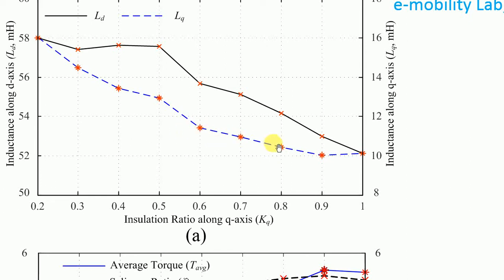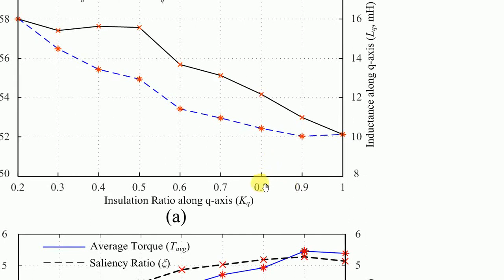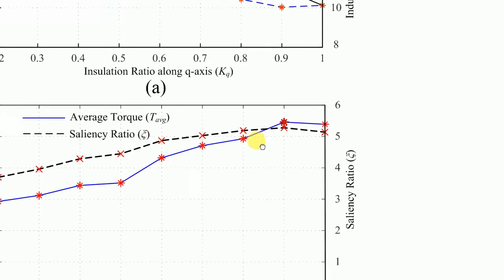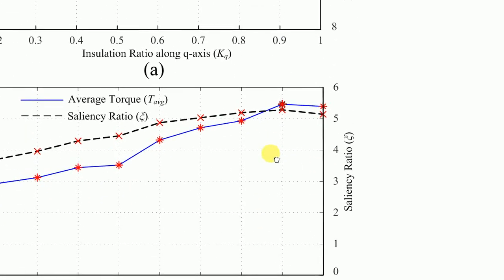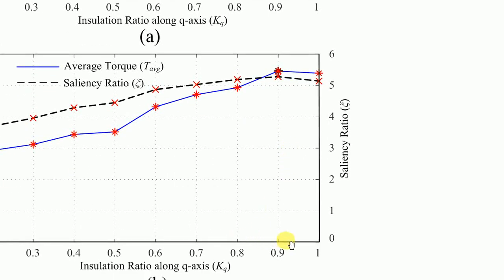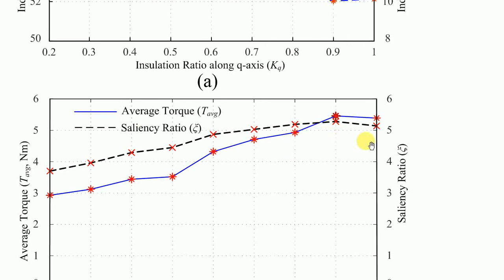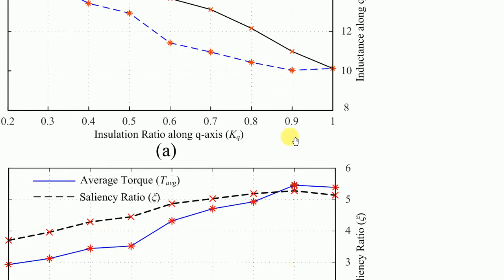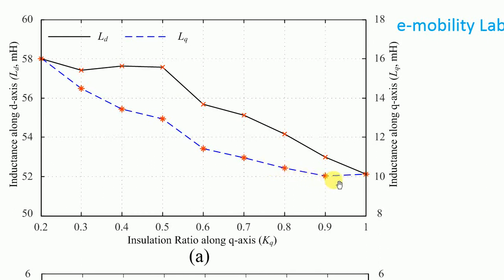It already approaches its minimum level. So between 0.8 to 0.9 we have optimal results. You can see here between 0.8 to 0.9 we have good torque performance around 5 Newton meter, and the saliency ratio is also around 5, because the LQ has already approached its minimum level.